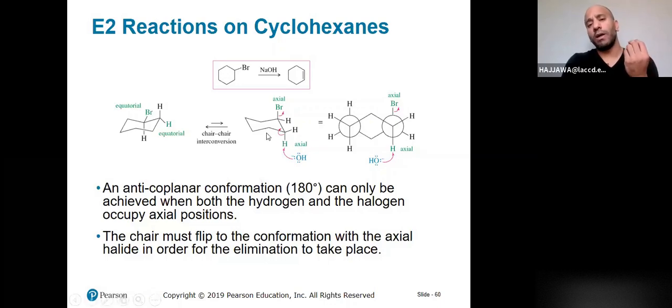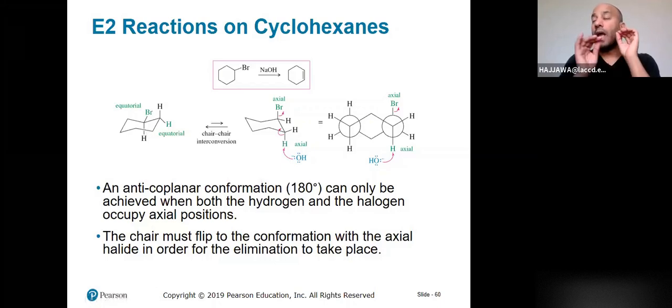Well, let's draw the chair conformations, the alternative forms of the cyclohexyl bromide. You end up having one where the bromide is equatorial, and the ring flip will give you the bromide in the axial position. Between these two, we already know that the equatorial is the more stable chair conformation.